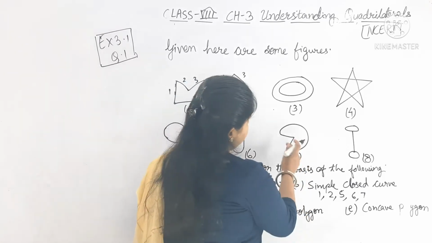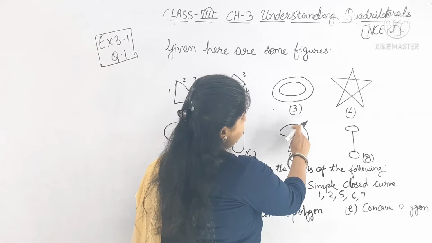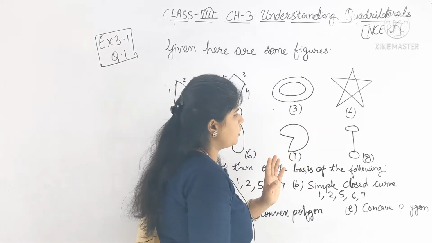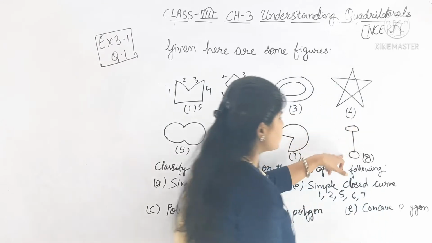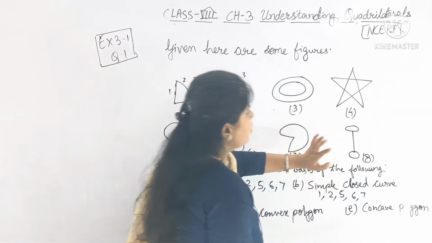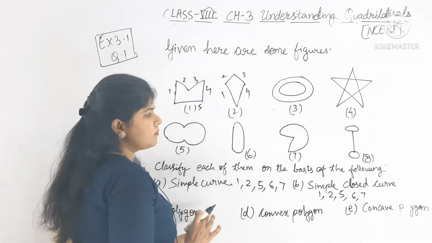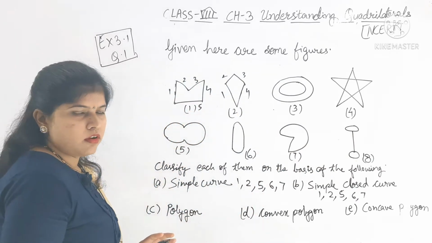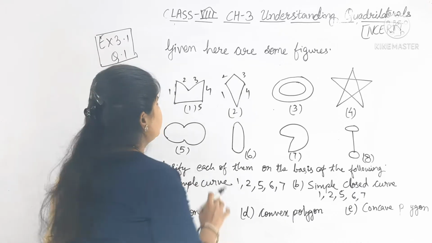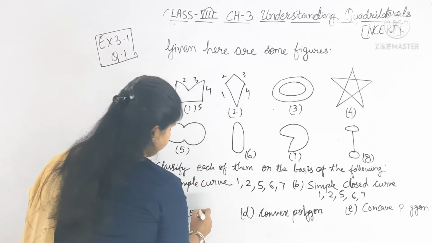Here also 2 line segments but one curve, so this is also not a polygon. Here you can see 2 circles joined by 1 line segment. A polygon is made up of only line segments. We have seen the definition also. So here 1 and 2 are the polygons.